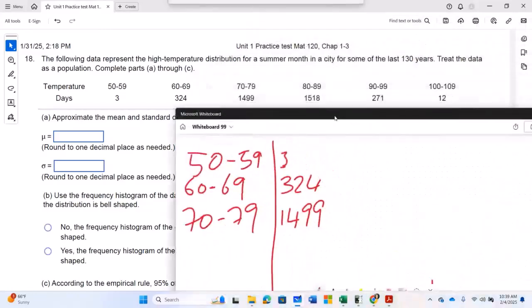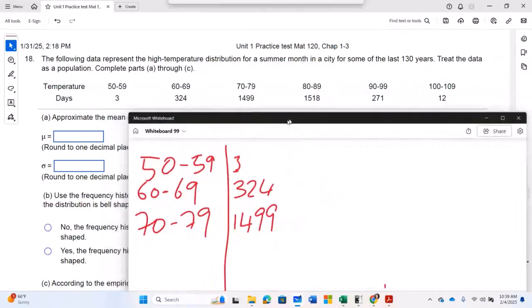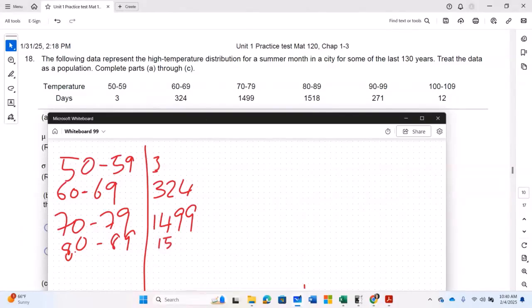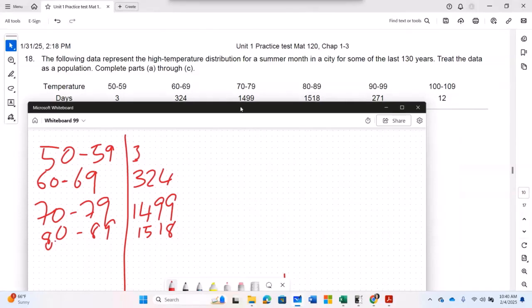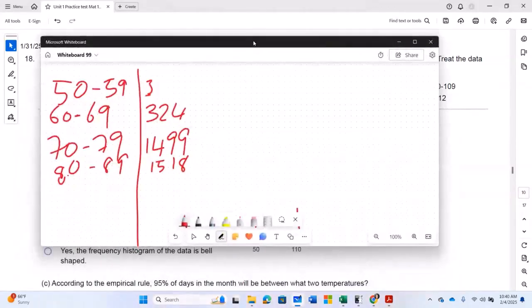The next class is 80 to 89, and the frequency of that class is 1518. And the next class is 90 to 99, frequency is 271.